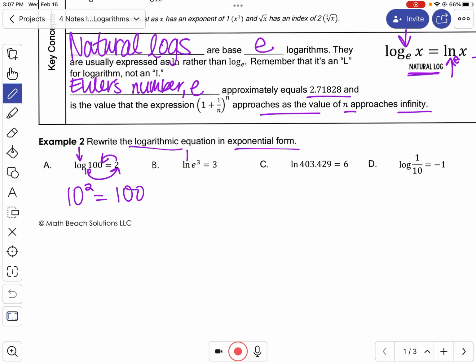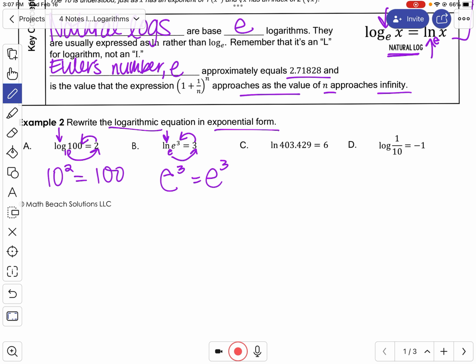Notice this one has an ln, which means the original base is e, raised to this power, 3 equals e cubed. Notice this one has ln, which means the base is e, raised to the 6th power equals that decimal.